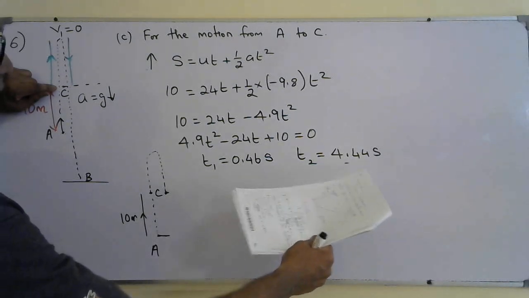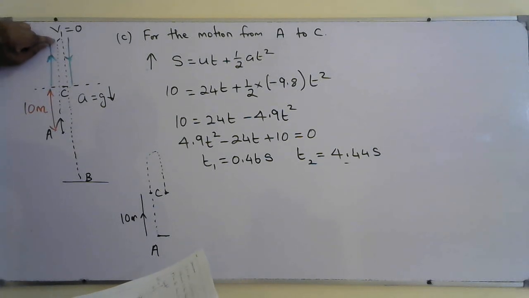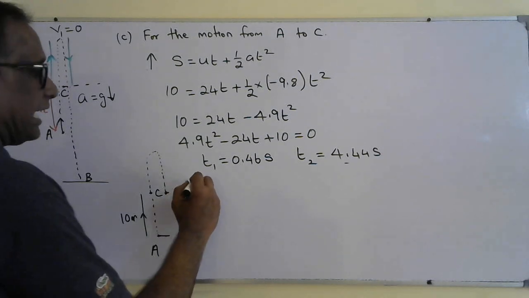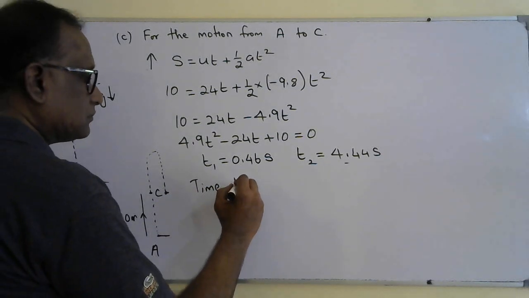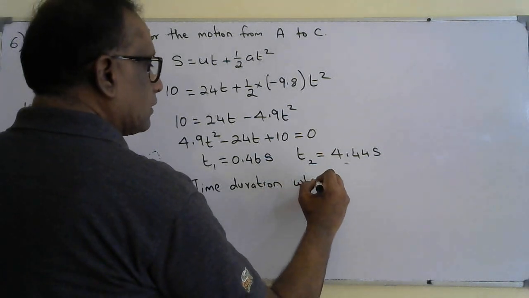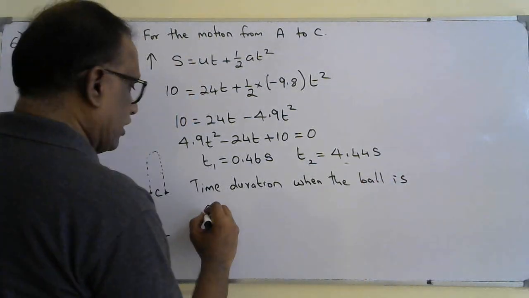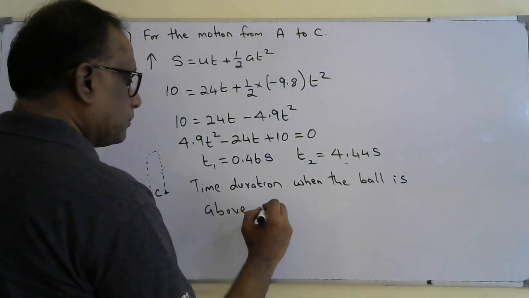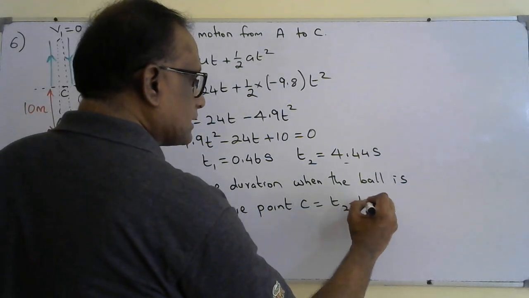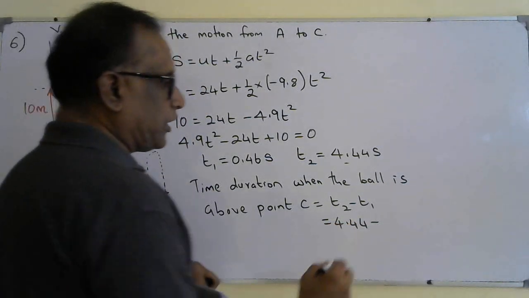So if I subtract T2 minus T1, that is the time to move from C to the highest point and again to C. That is T2 minus T1. So the time duration when the ball is above point C is T2 minus T1, that is 4.44 minus 0.46.